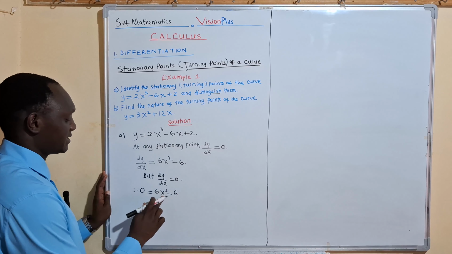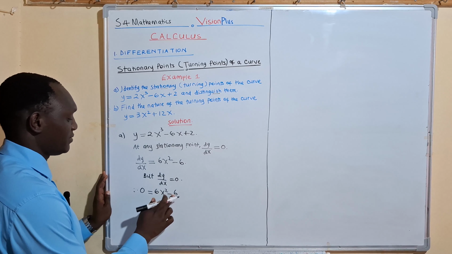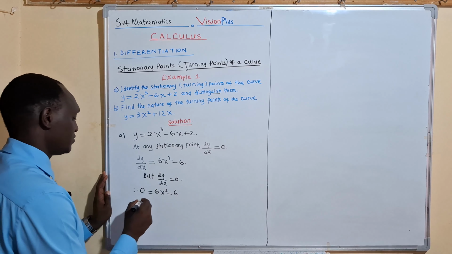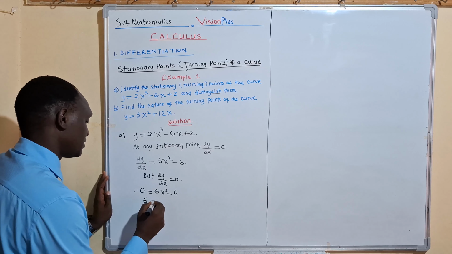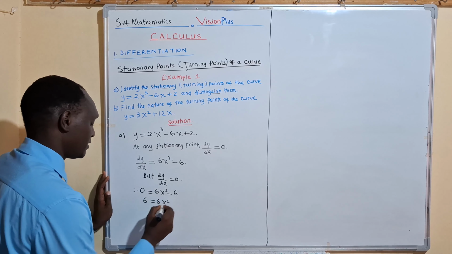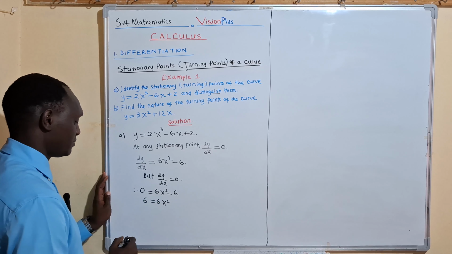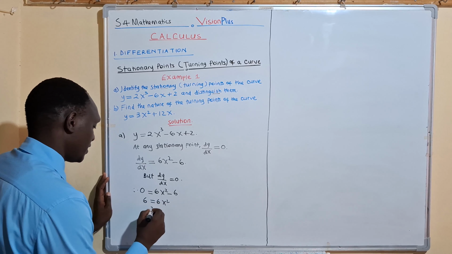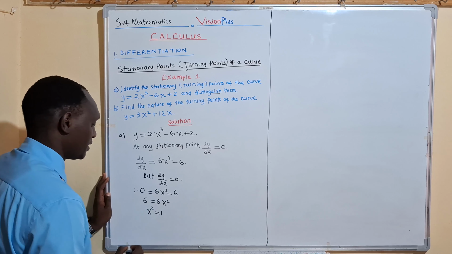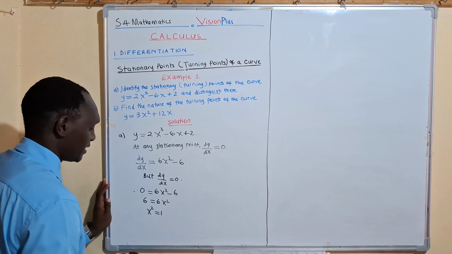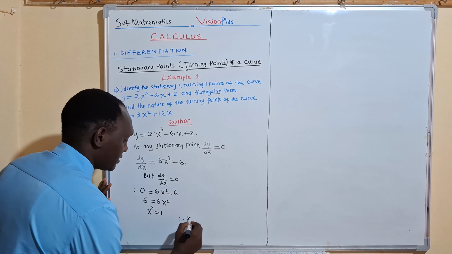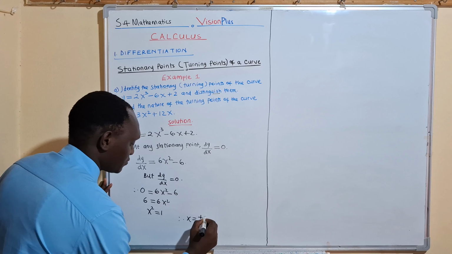Now, let us make x the subject of the formula. So, I can carry 6 this side so that it becomes positive 6 equals 6x squared. Divide both sides by 6. Therefore, x squared equals 1. Then you take the square root on both sides. Therefore, x equals plus or minus 1.